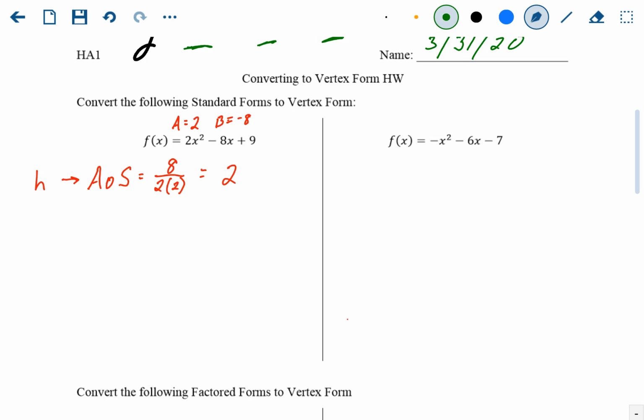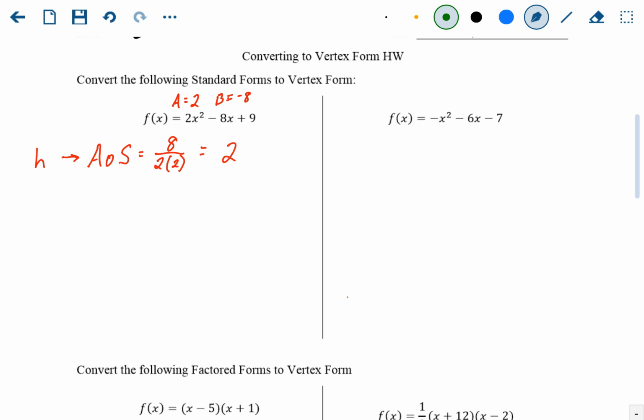Now we need to figure out what k is. All right. If you want to find k, you're going to plug in and find f of 2. Okay. Why 2? Well, 2 is what we just found for h. Okay, that's the x value of the vertex. We need the y value of the vertex, which is k.